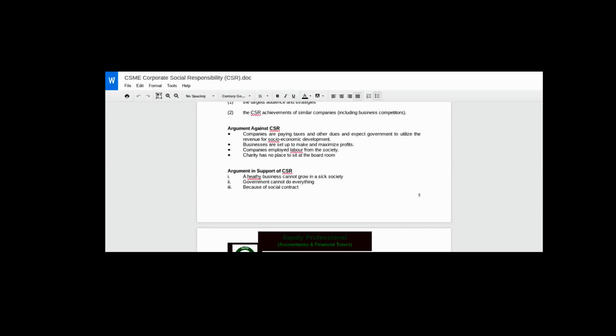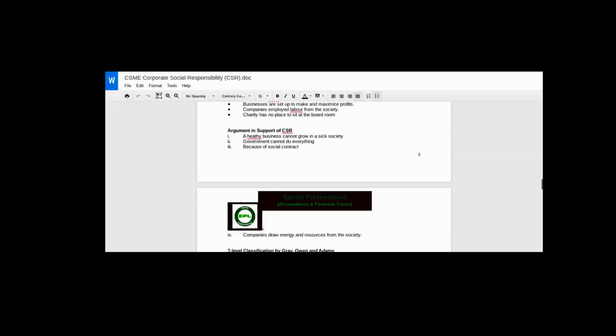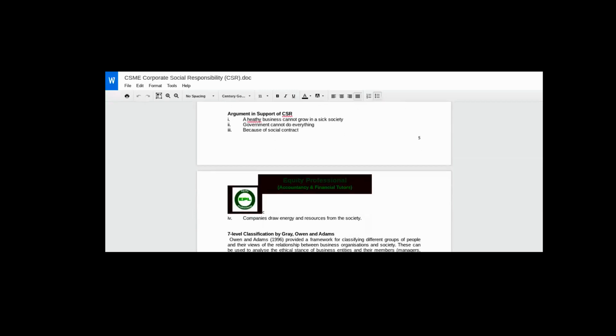We give them scholarship at times. We give them good salary. They have opportunity for gratuity and many benefits. So in a way, we are giving back to the society. Another point, they say charity has no place to sit as a boardroom, meaning that the companies are not open or established as a charitable organization.